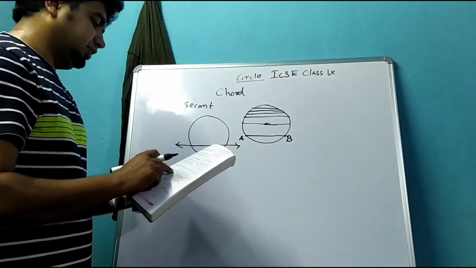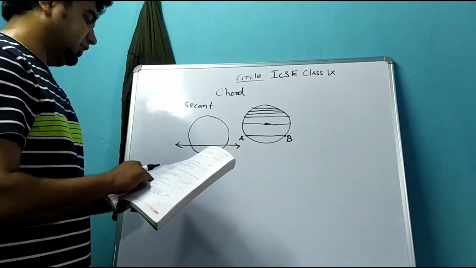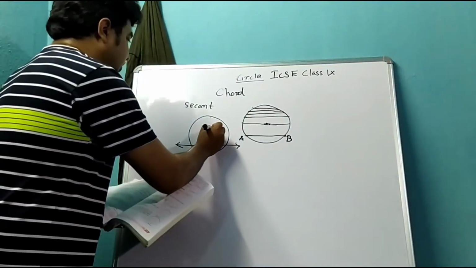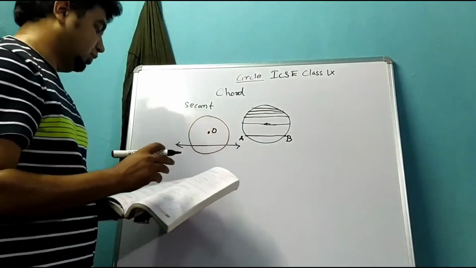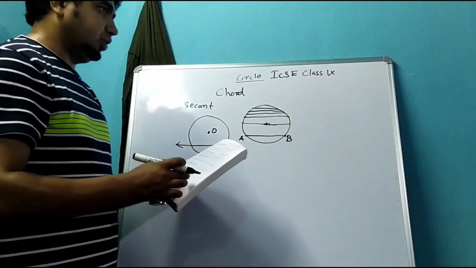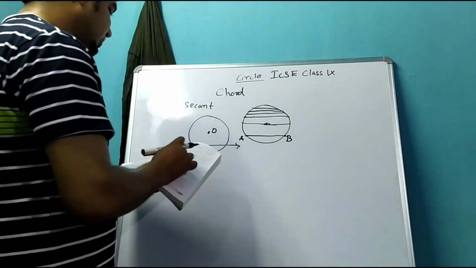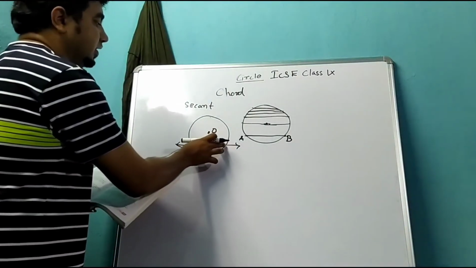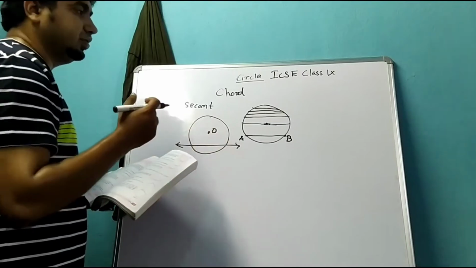In the figure, PQ is the secant of the circle with center O. So this is a secant of a circle. A secant is basically a line which extends outside the circle as well as cutting the circle. So this is known as a secant.